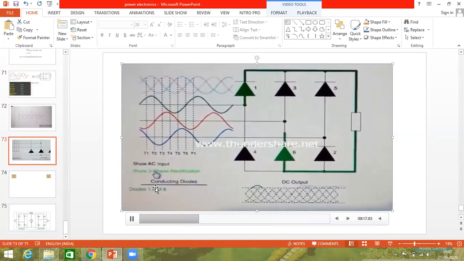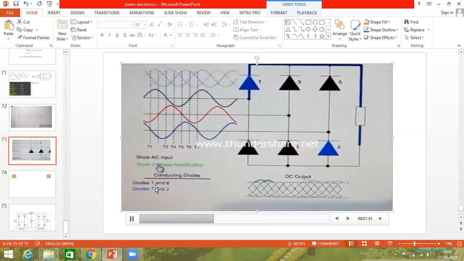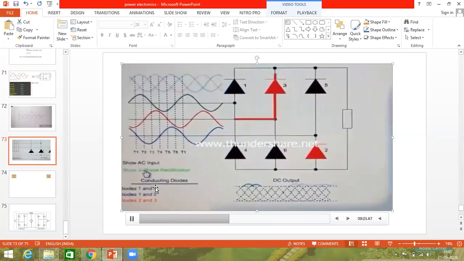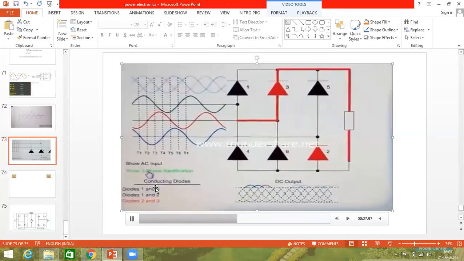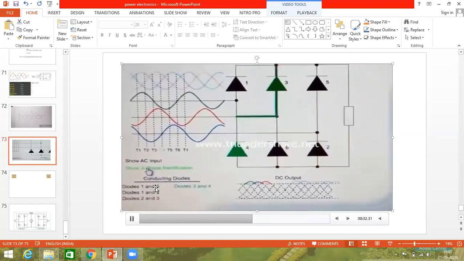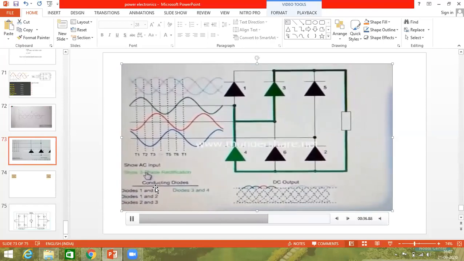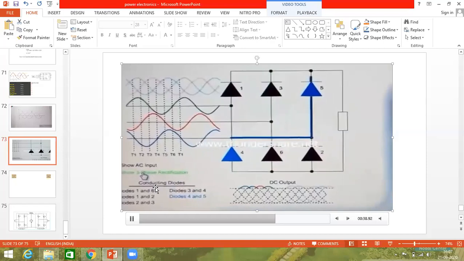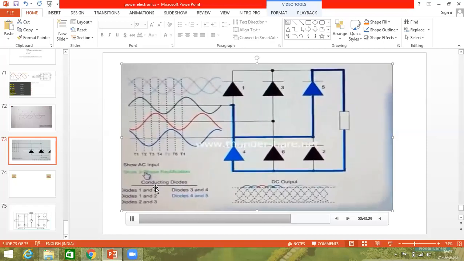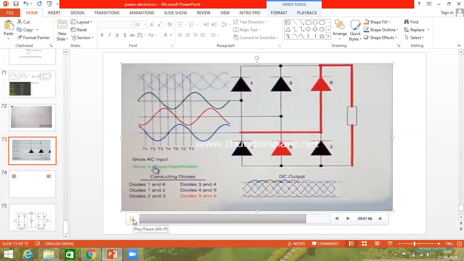Case 2, T1, T2. Case 3, T3 and T2. Case 4, T3 and T4. Case 5, T5 and T4. Case 6, T5 and T6. Just now you have taken this.